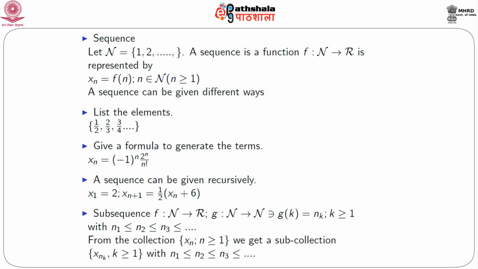This is called a subsequence. It is a composite mapping. So, from the collection x_n, this is my sequence, we can get a sub-collection x_{n_k} with n_1 less than n_2 less than n_3, and this sub-collection x_{n_k} is called the subsequence.